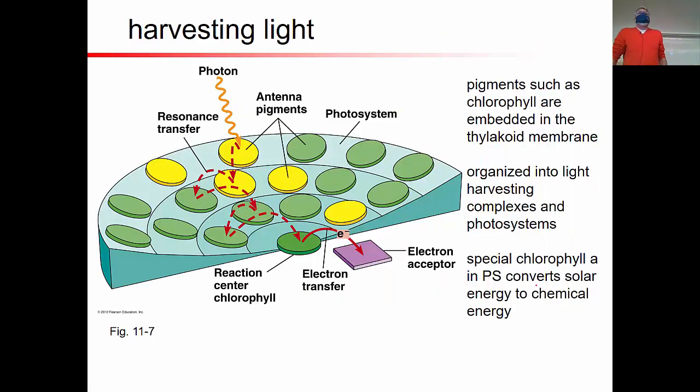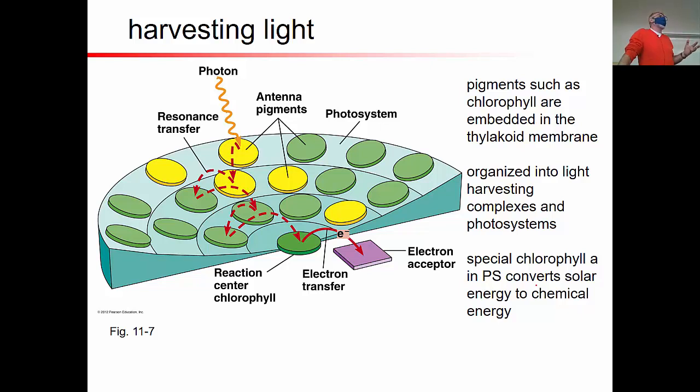So the way this works is that there are these photosystems. Photosystems have a series of pigments that collect specific wavelengths of light. Okay? And depending on the actual organism, there can be differences in what pigments they absorb.